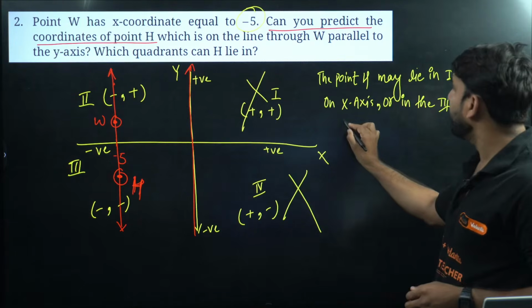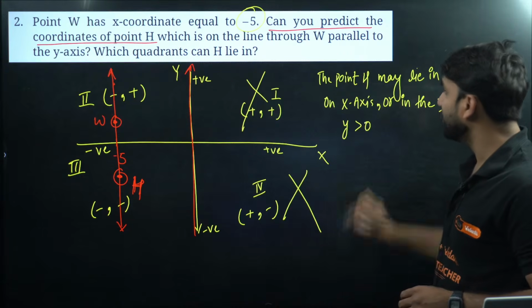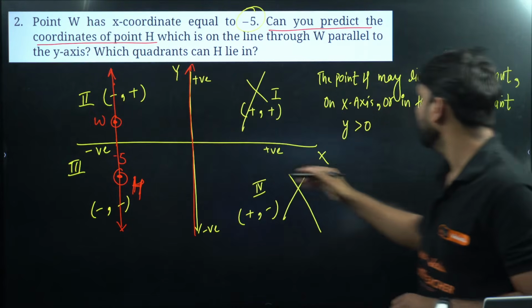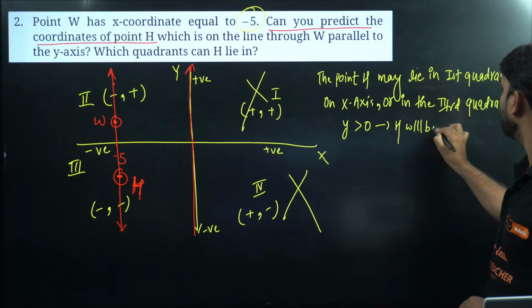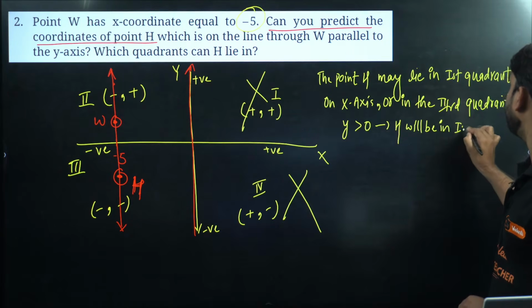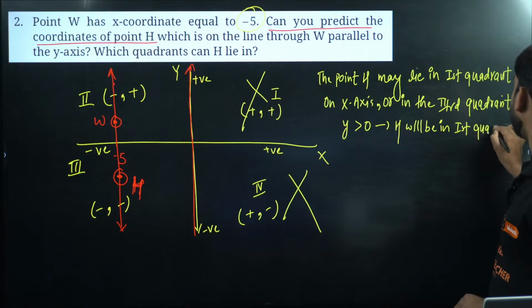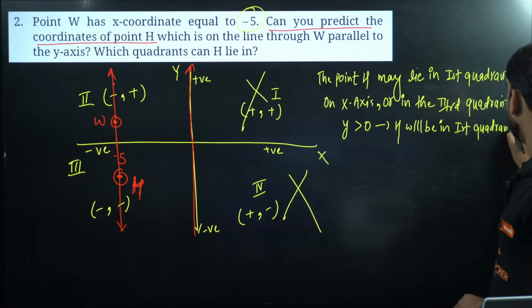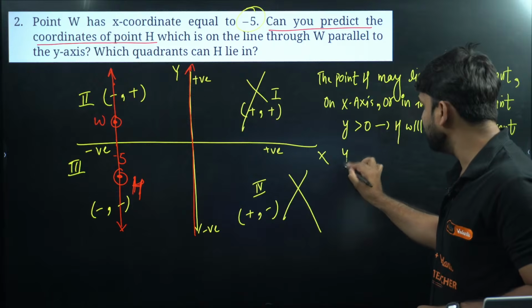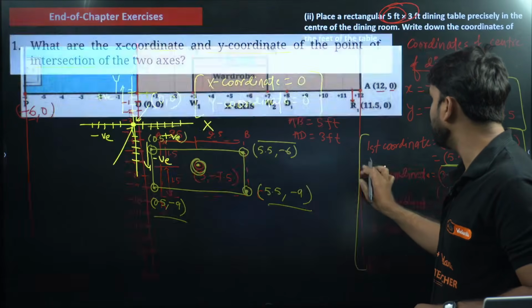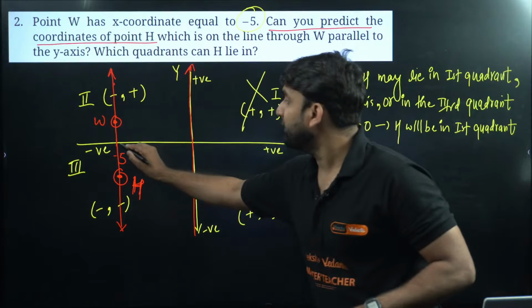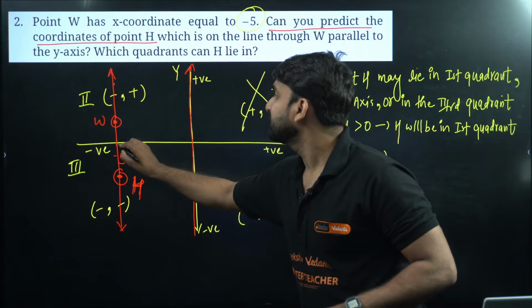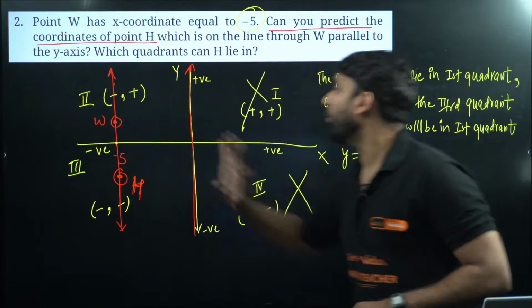How? If y is greater than 0, I mean if y is positive, H will be in what? First quadrant, because in the first quadrant y also remains positive. Now if y is 0, it indicates that the point will be on the x-axis.